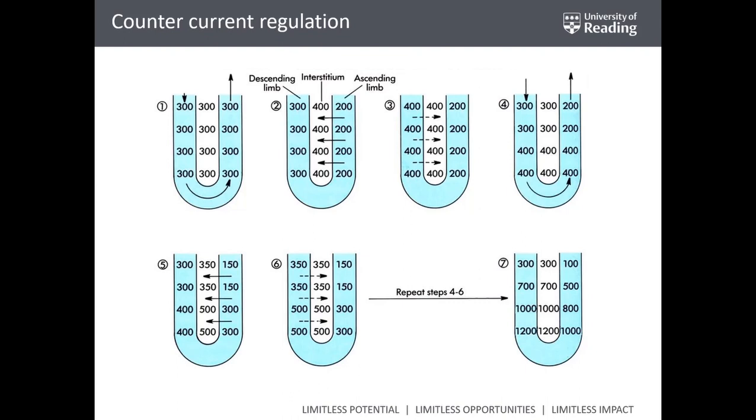Then what occurs in the ascending limb, as we mentioned, is that electrolytes, specifically sodium, potassium, and chloride, can move from the lumen into the interstitium, but water cannot follow from the ascending limb. So what we will have as a result is increased osmolarity in the interstitium and decreased osmolarity in the content of the ascending limb.